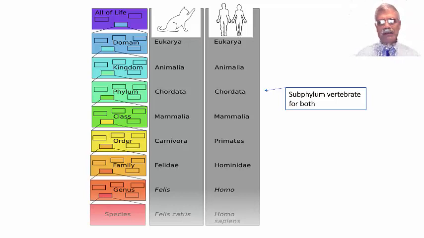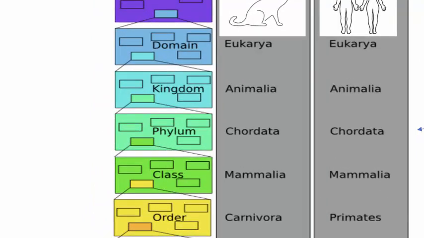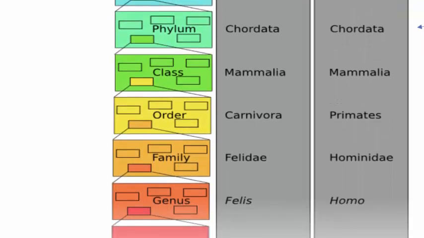Both the cat and the humans are in the kingdom of Animalia, or animals. We both have a spinal cord, so we're in the phylum of Chordata. We're both in the class of Mammalia, and then the categorization splits a little bit. Whereas the cat is in the order Carnivora, we're in the order of primates. You've probably heard of primates.